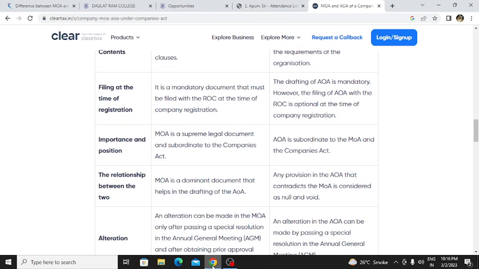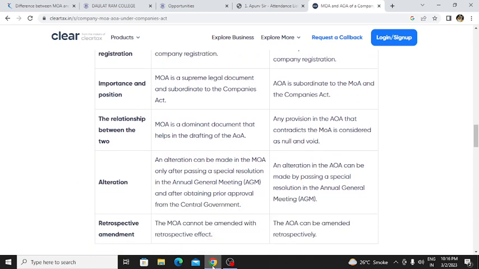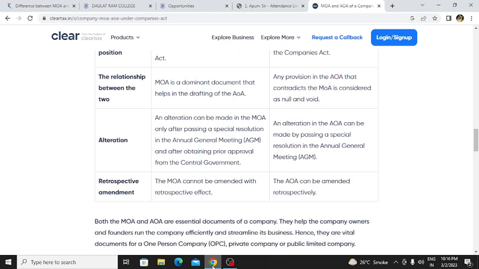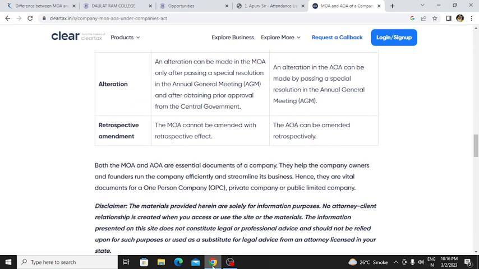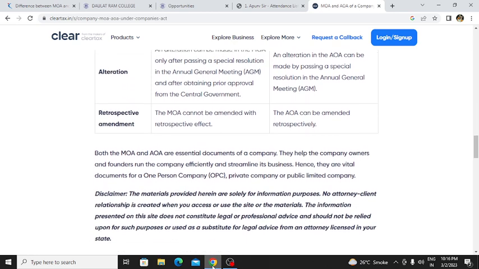Importance: MOA is a supreme legal document, AOA is subordinate. Relationship: MOA is dominant in nature, and an AOA that contradicts the MOA is void. Alteration is rare and happens only when approved by the CG and held in an AGM by passing a special resolution. But on the other hand, for the AOA we can do it according to the AGM. Retrospective amendment cannot be made in the MOA but can be made in the AOA.